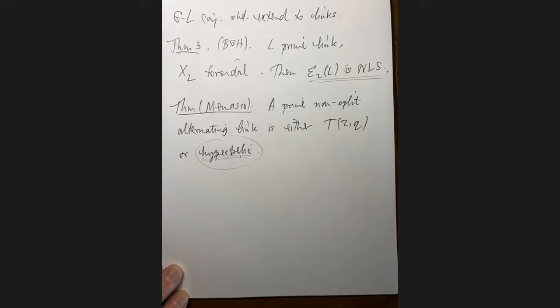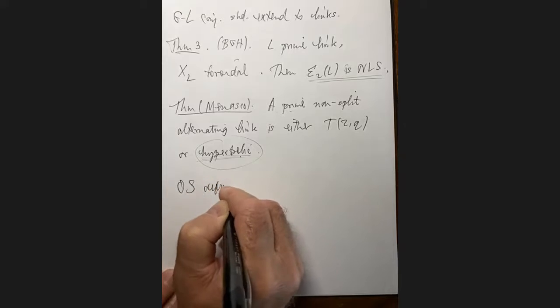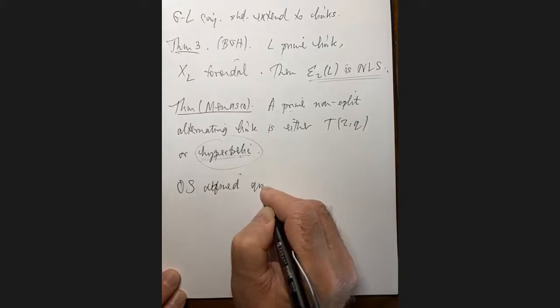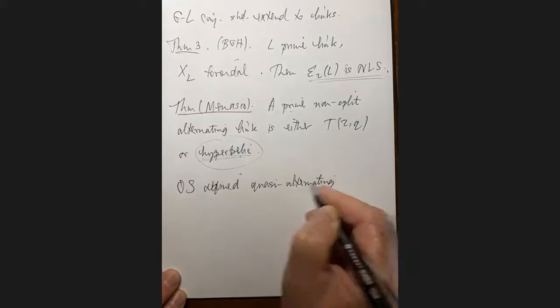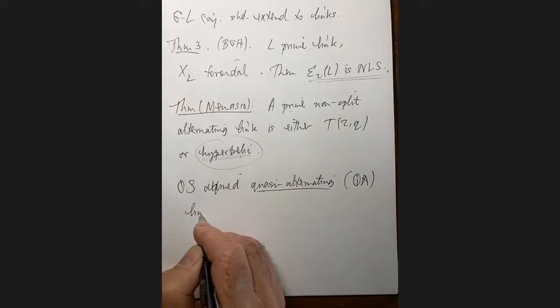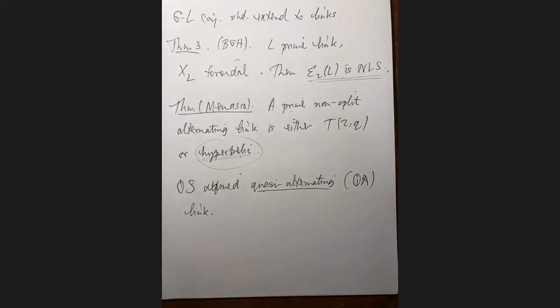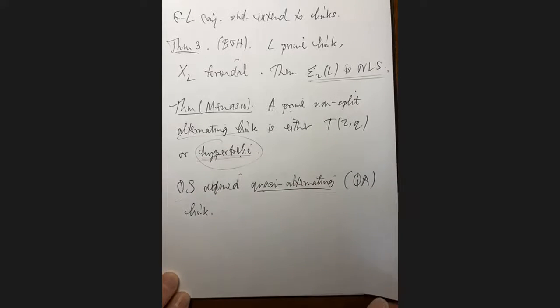And then they noticed that the proof actually works for a more general class of links, which they called quasi-alternating. They first did this for alternating links, and like I said, they noticed that the proof works in this more general context.